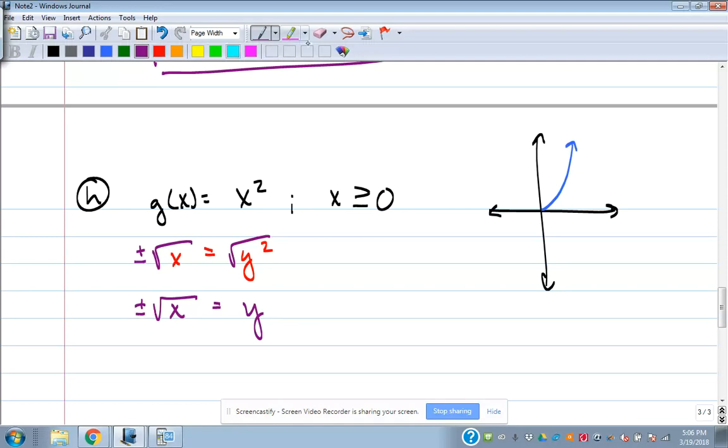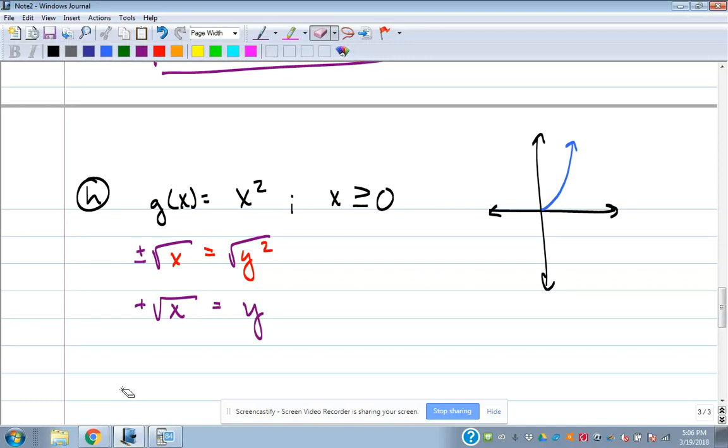Why? Because the original problem was positive. What part of it was positive? The restriction on the domain. The domain told me to use the positive x values, and the positive x values gave me what kind of y values? Positive ones. So that's why we're using that.